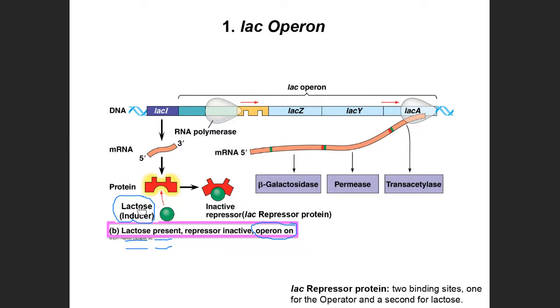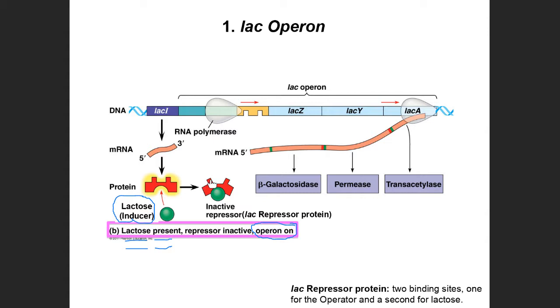So when lactose is present, and the active Lac repressor has a choice between binding to the operator or binding to lactose, it was discovered that the Lac repressor protein prefers to bind to lactose. However, when the Lac repressor protein binds to lactose, that causes it to change its shape.